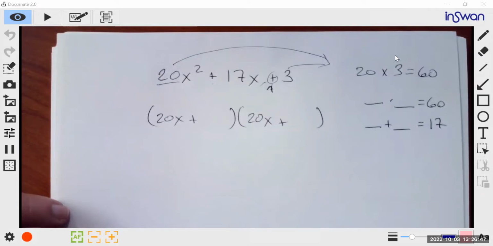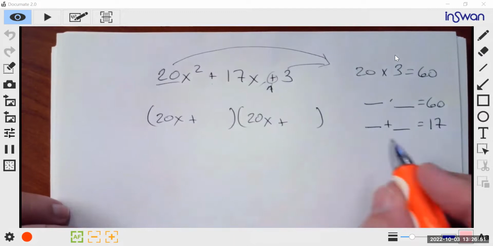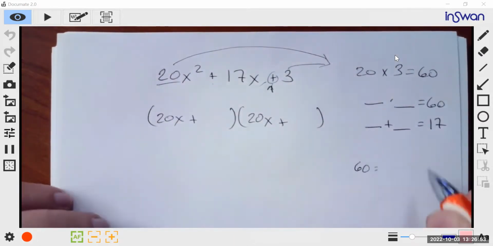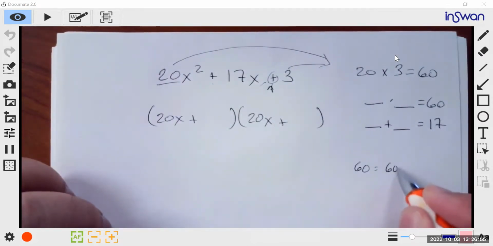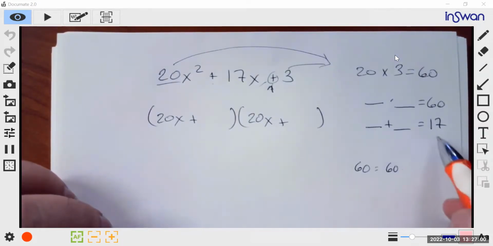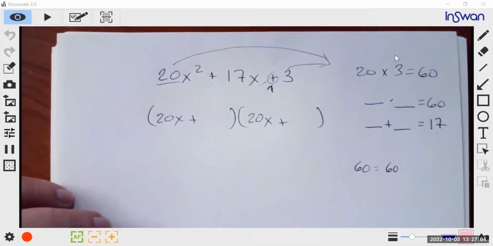Hmm. Okay, this is the tough part. Let's find out. Let's take 60 and break it down to its smallest pieces. 15 times 4 would be 60, but 15 plus 4 is 19. Unless I made a mistake, which is always a possibility.